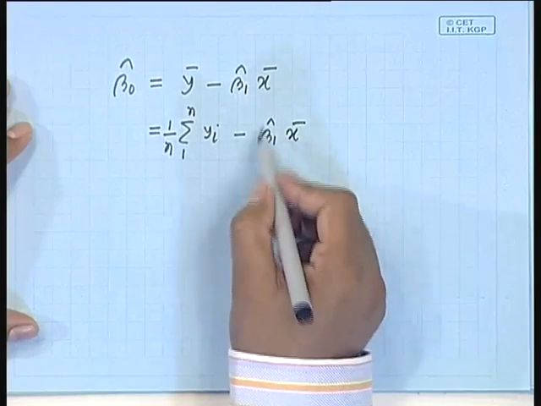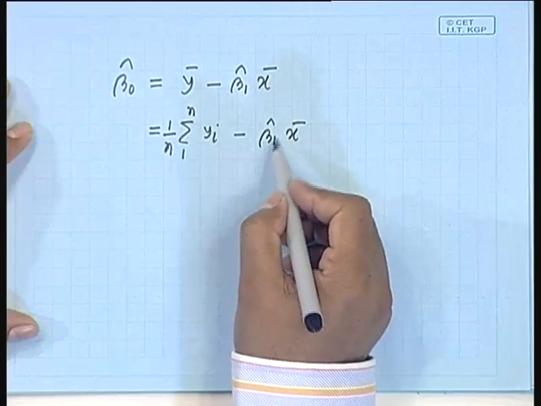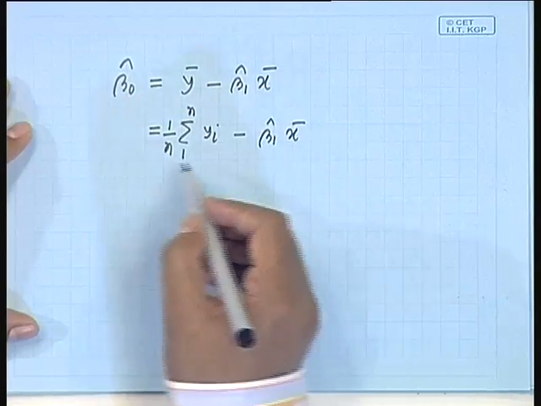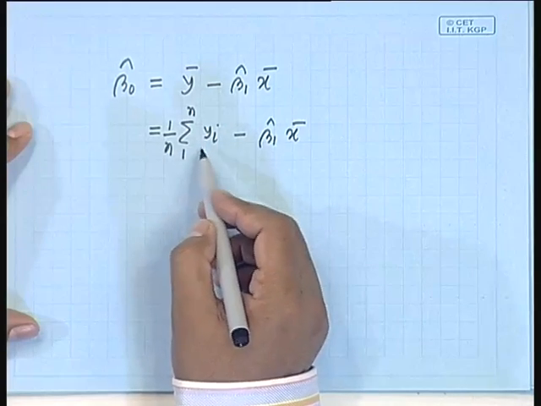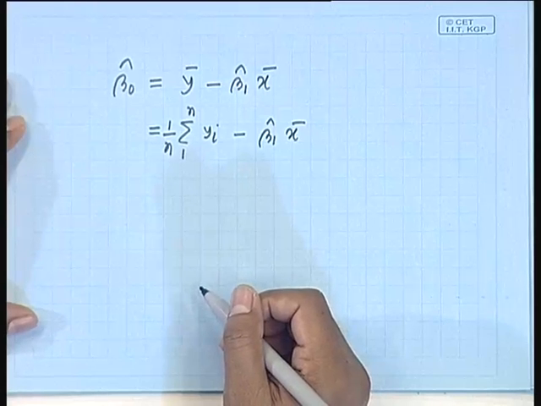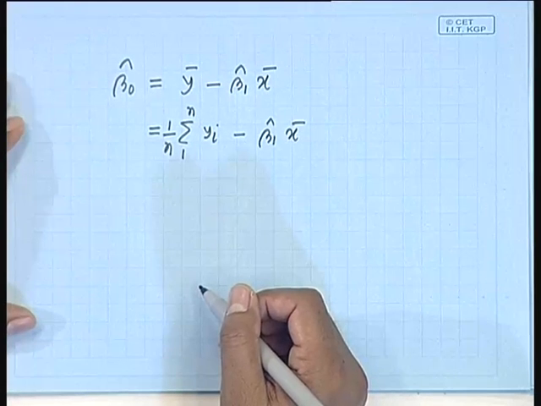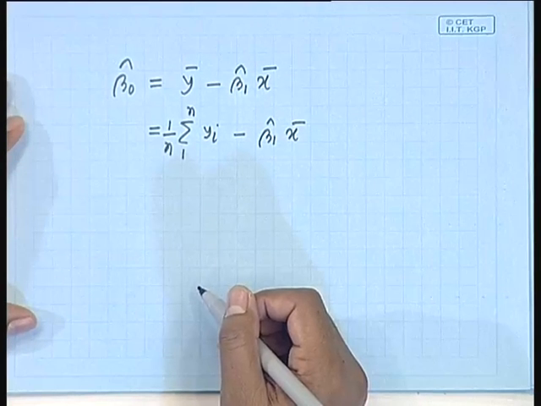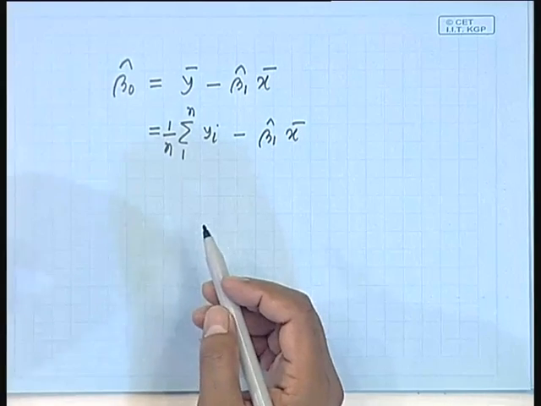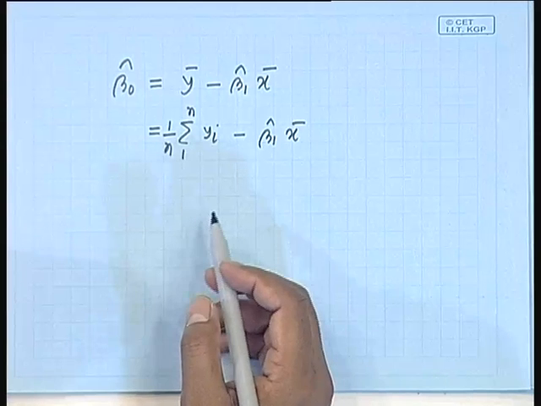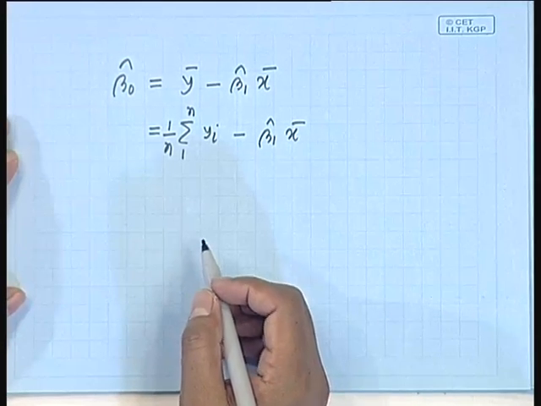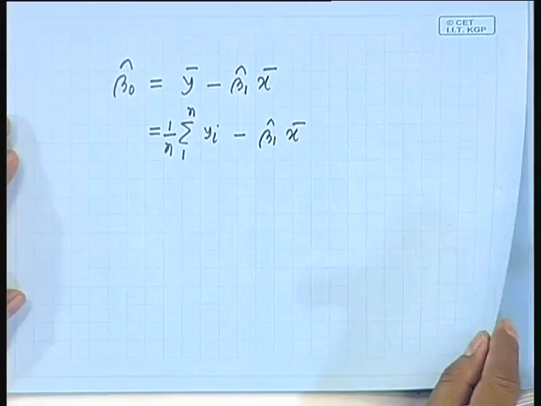We already proved that beta 1 hat is a linear combination of the observations yi, and the first term is also a linear combination of yi. So, the whole thing is a linear combination of the observations yi. This just proved that the estimators we got are linear estimators, they are linear in yi.